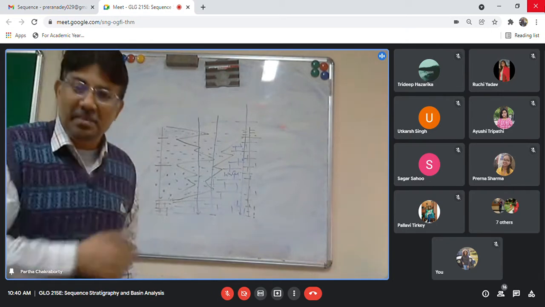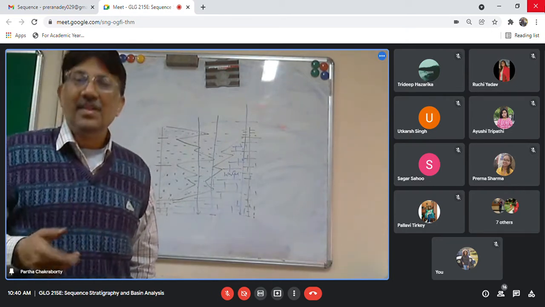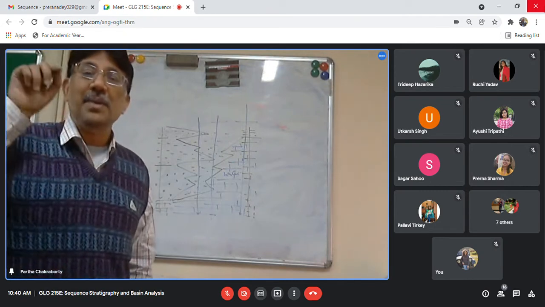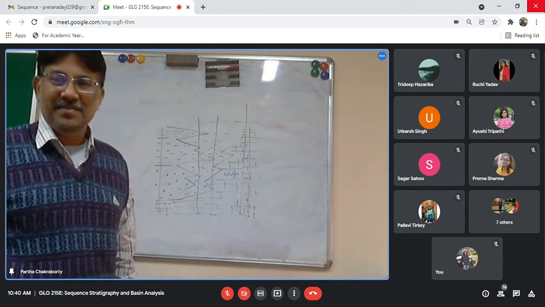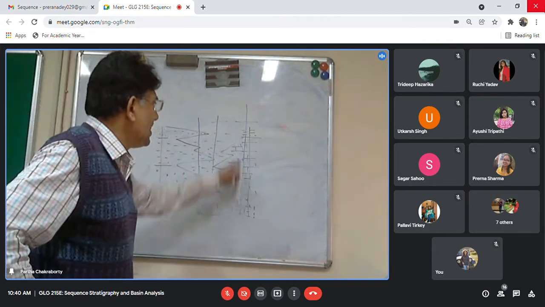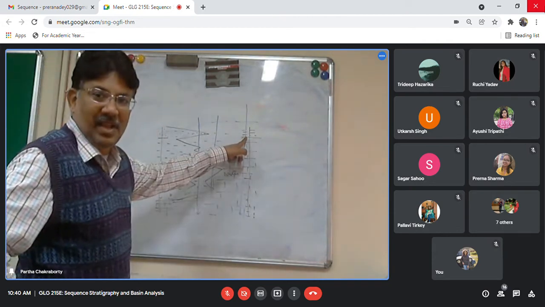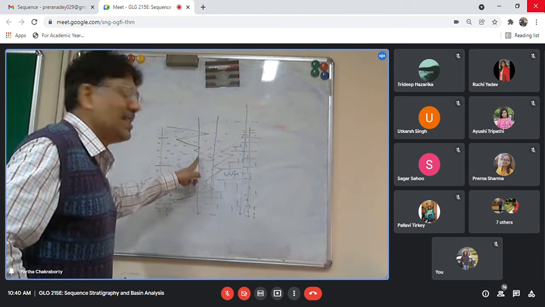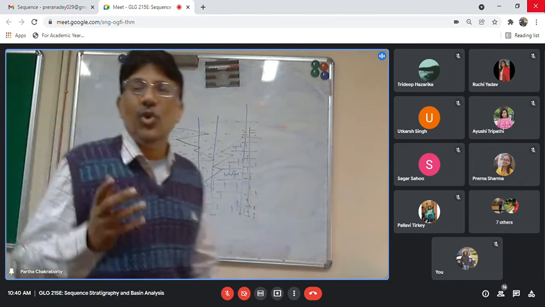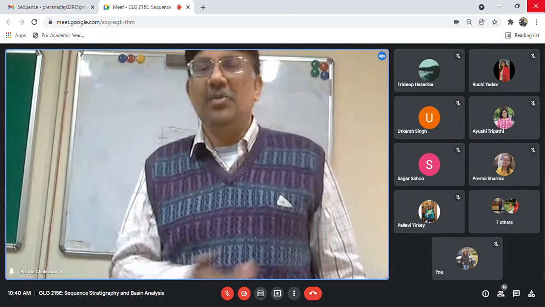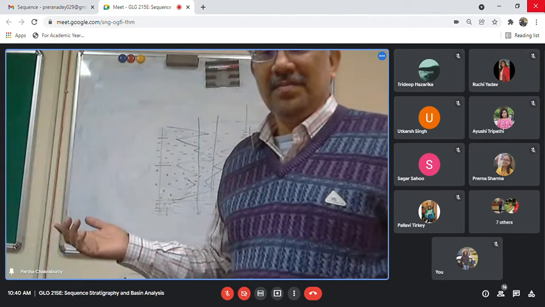Who will tell them? You have to tell them. It may be a case of water bearing, it may be a case of hydrocarbon bearing. So, if somebody gets this much thickness at a very shallow level, it doesn't mean it will be repeated in the same way in other parts of the basin. How do I know whether it will be the same way in the other part of the basin or not?